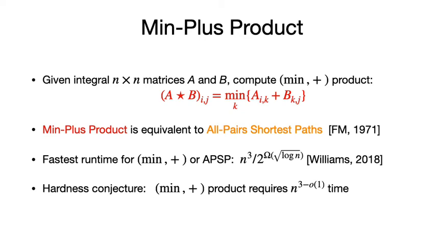Min plus product is one of the most basic problems in the field of fine-grained complexity. It is known to be equivalent to all-pair shortest path. The fastest runtime is slightly subcubic by Williams in 2018. It is widely believed that this is near optimal.